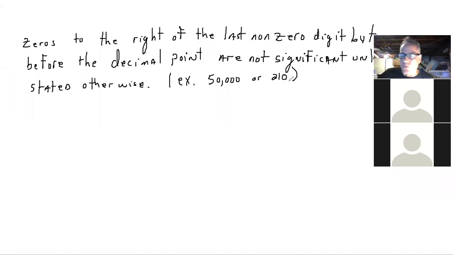All right, so from the actual homework, number 7. This one actually deals with precision too, though. So, before I can do number 7, I needed to define the difference between accuracy and precision.